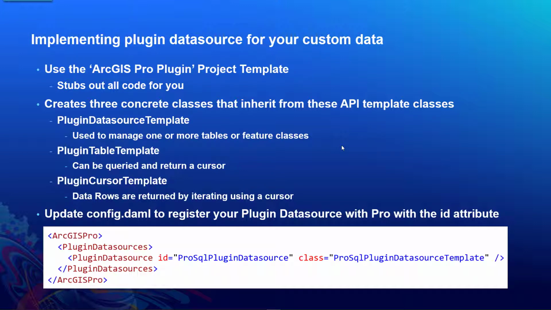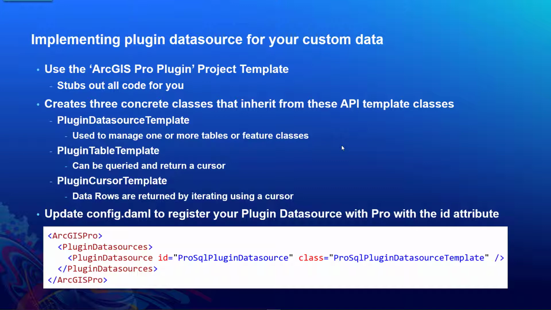So how do I implement a plugin data source for my custom data? It's very simple because I can use the ArcGIS Pro plugin project template, and that will stub out all the code that I need to start out with a plugin data source. It creates for me the 3 concrete classes that inherit from the API template classes that I mentioned before.